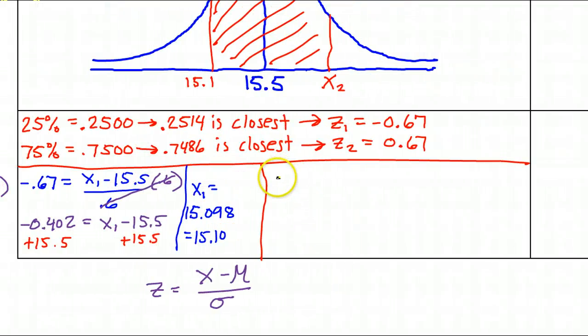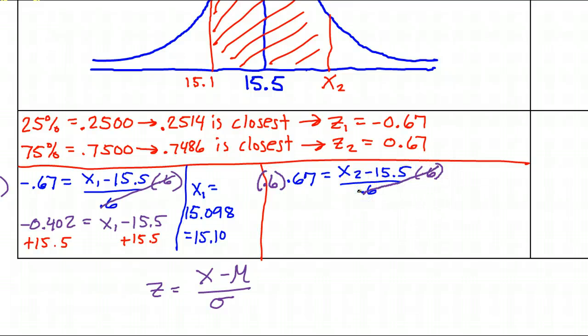If I want to do that, I'm using this formula. So I start with the z-score. Now z2 is positive 0.67, so 0.67 is equal to x2 minus the mean divided by the standard deviation. Once again, I need to multiply both sides by 0.6. These cancel out.